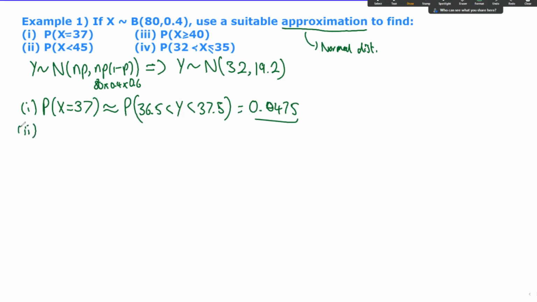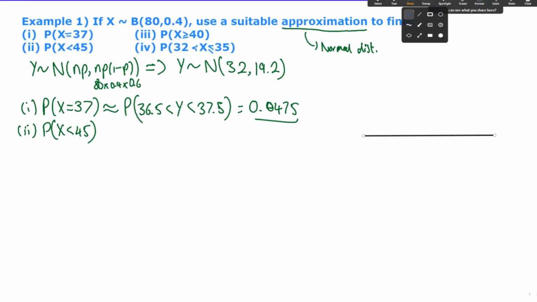So for part two, we have x is less than 45. Now, a good method to always use with these is number lines, to visualize them on a number line when doing your continuity corrections. So x being less than 45 is the same as x being less than or equal to 44.